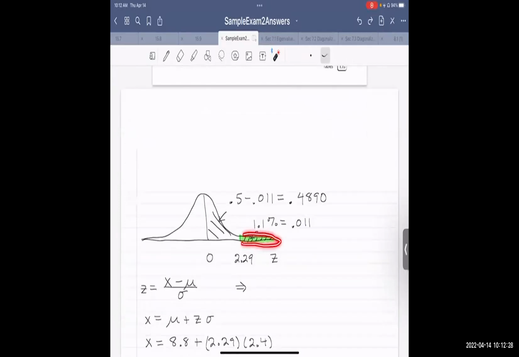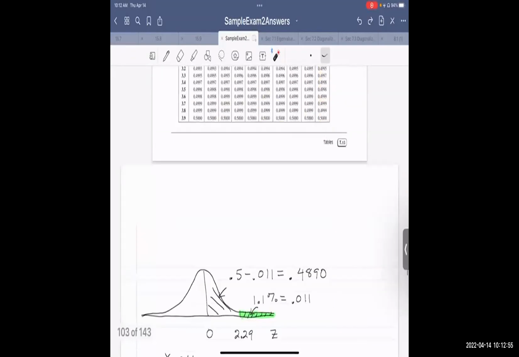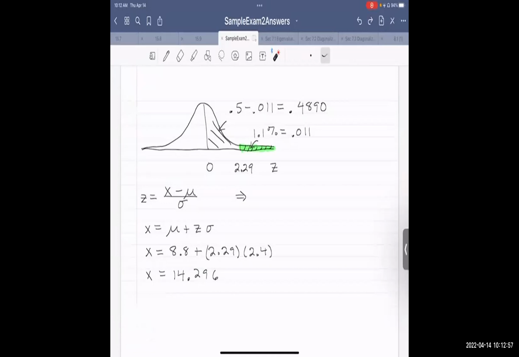We want this area to be 1.1%, 0.011. Let's subtract that from 0.5 to get 0.4890. This is an area that we can look at in table 3. Here it is. That corresponds to 2.29. So Z is 2.29.